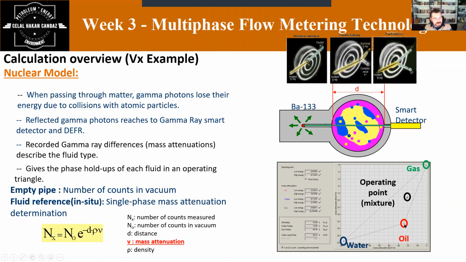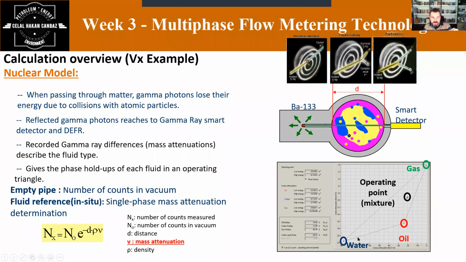These are the measurement results of mass attenuations. If you produce 100% water, you will be at this point; 100% oil, at this point; 100% gas, at this point. In each well you have to measure differently. It's a procedure: you have to do the empty pipe and fluid reference measurements in each well separately, because it directly identifies the characteristics of that well.